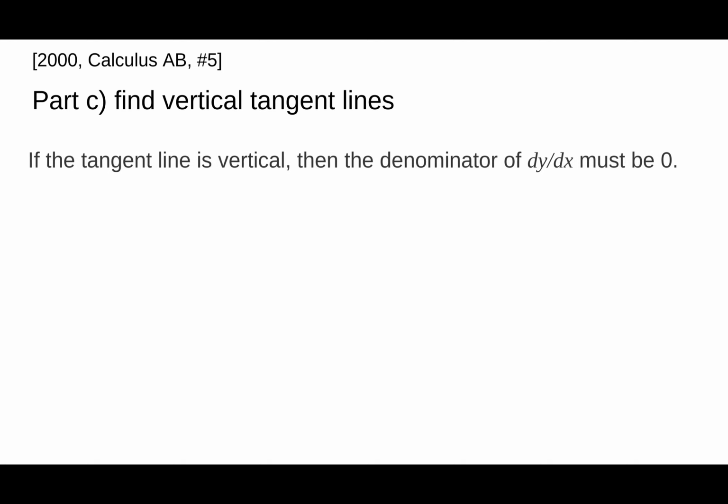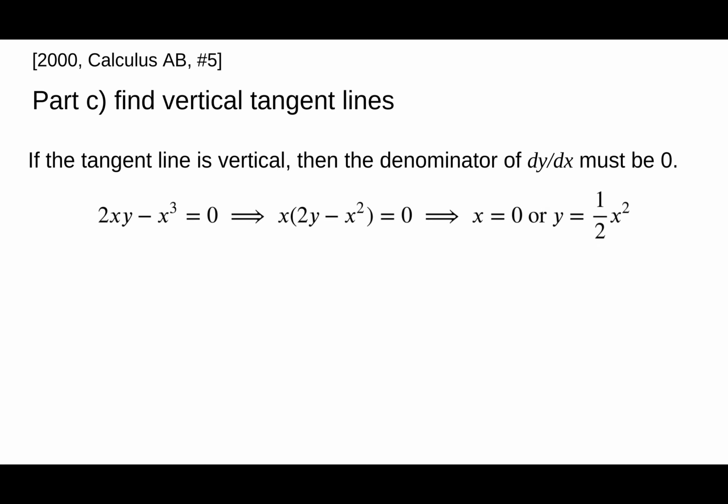For part C, we are asked to find any vertical tangent lines. Well, the tangent line will be vertical if the denominator of dy/dx is 0. In other words, when will the expression for dy/dx be undefined? So we take the denominator of dy/dx, we set it equal to 0. If we factor it, we get x times (2y minus x squared) equals 0.